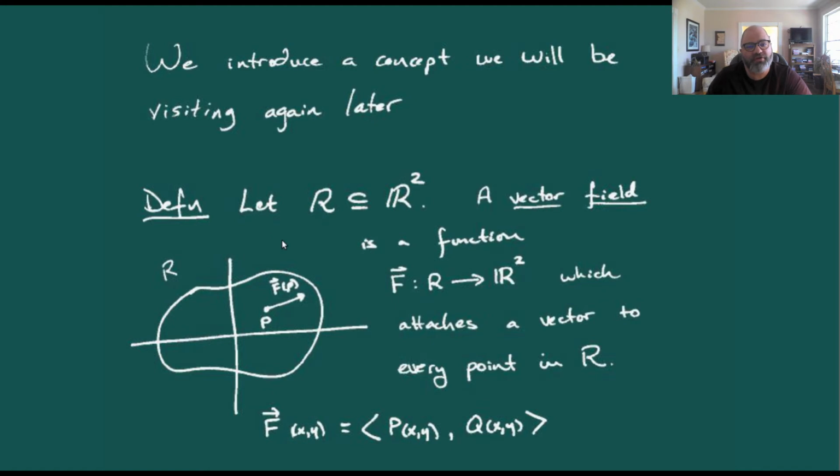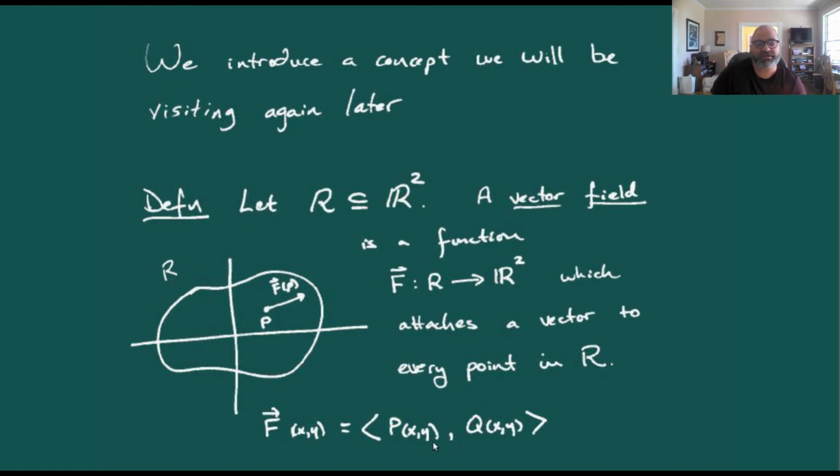To define those, if we take a subset R of the xy plane, a subset of R2, then a vector field is just a function from R, our domain, into R2, where we attach a vector to every single point in our subset R. So if we've got our set R here, we take a point P in there, and the vector that we attach to it is our function f of P, f of x, y at that particular point.